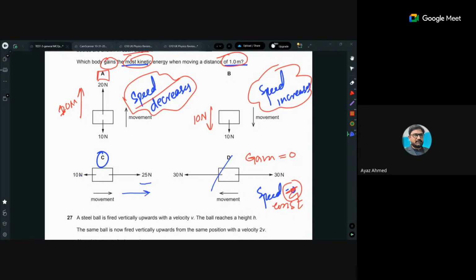So overall there is a 15 Newton force, the highest force among all four options. That's why it causes the most acceleration, and the body would gain the highest speed and kinetic energy. The force which causes more acceleration would cause more kinetic energy.